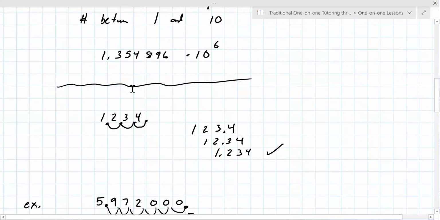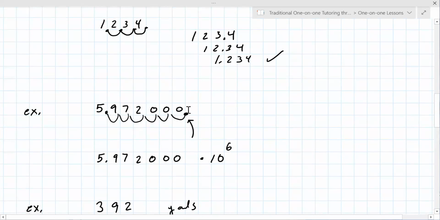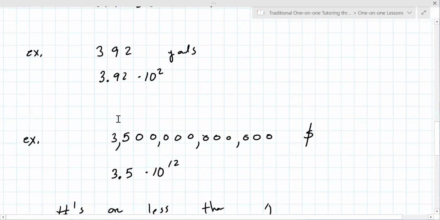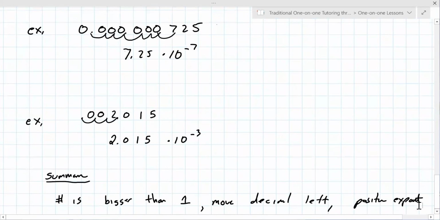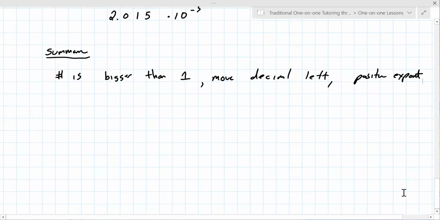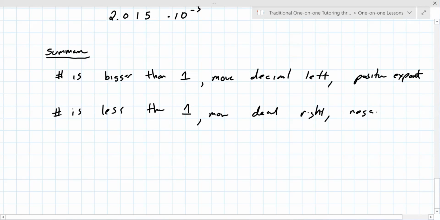If the number is less than 1, you move the decimal right, and that gives you a negative exponent. So that summarizes what we just did in these examples.